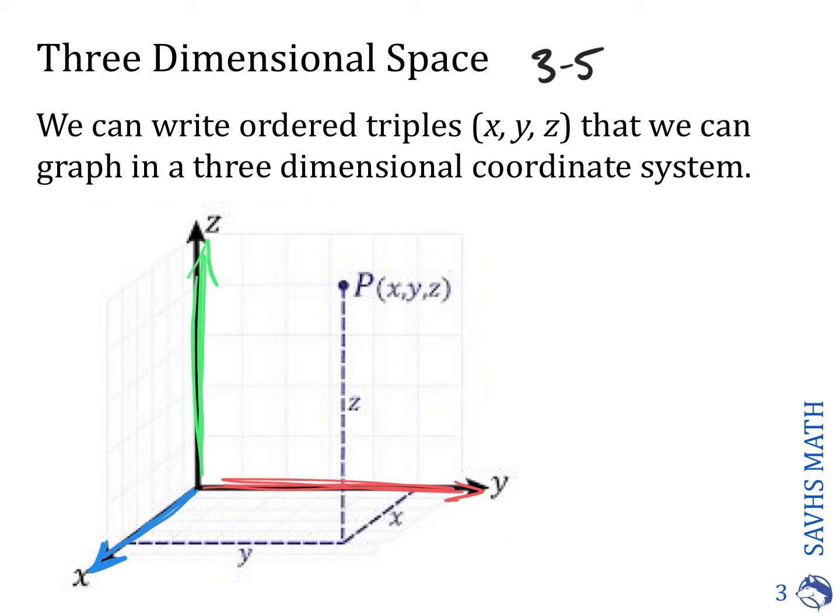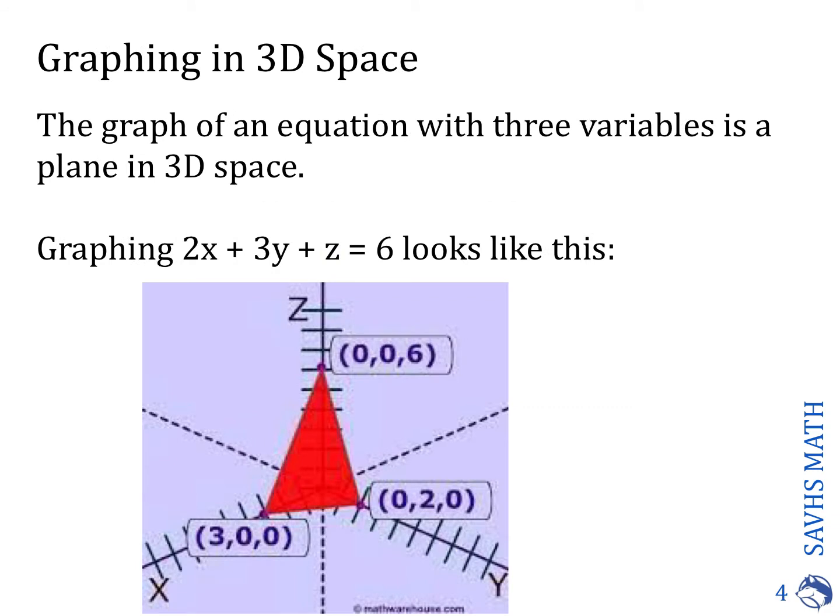And so the point right here, this point, is the point x, y, z, where we have the x value, so that's how close we are to it. The y value is how far to the right or left, and then the z is how far up or down. And so what that means is in three dimensions, when you have x's and y's and z's in equations like this one, we have a plane.